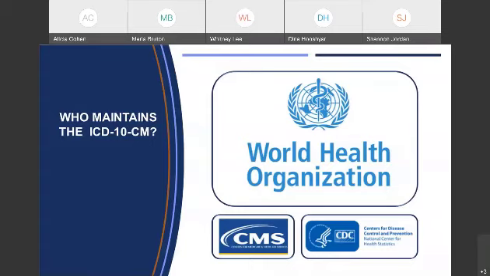As of March 19, 2014, the ICD-9 Coordination and Maintenance Committee was renamed the ICD Coordination and Maintenance Committee. A representative from the National Center for Health Statistics, NCHS, and one from the Centers for Medicare and Medicaid Services, CMS, co-chair the ICD-10 Coordination and Maintenance Committee.